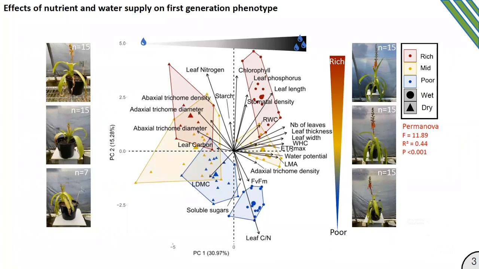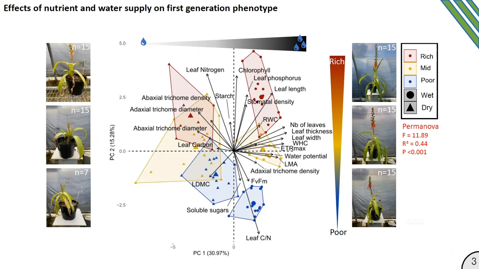On the horizontal axis, the left and right parts, you have the water treatment effect: plants growing in heavily watered environments and plants growing in dry environments. They resulted in quite different groups, having more leaves, thicker, and with more water in them in the well-watered treatments, which makes sense.